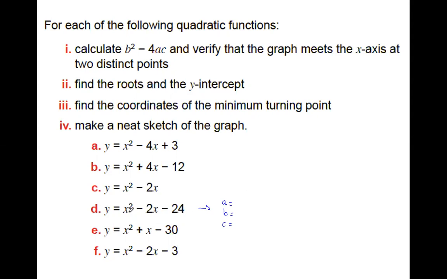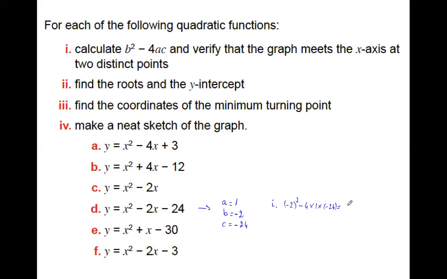Remember, we've got this imaginary, invisible 1. b is negative 2, and c is negative 24. So, to give me my first mark, b squared, negative 2 squared, minus 4 times 1 times negative 24.